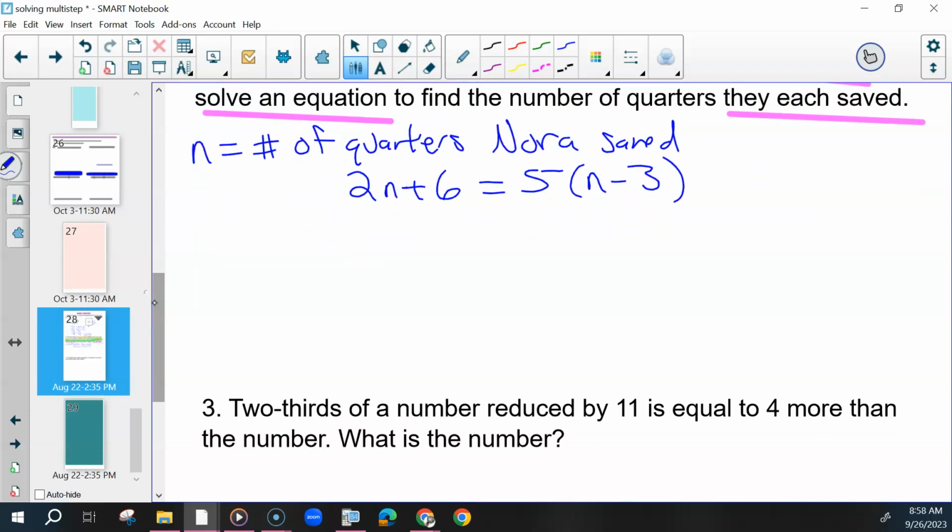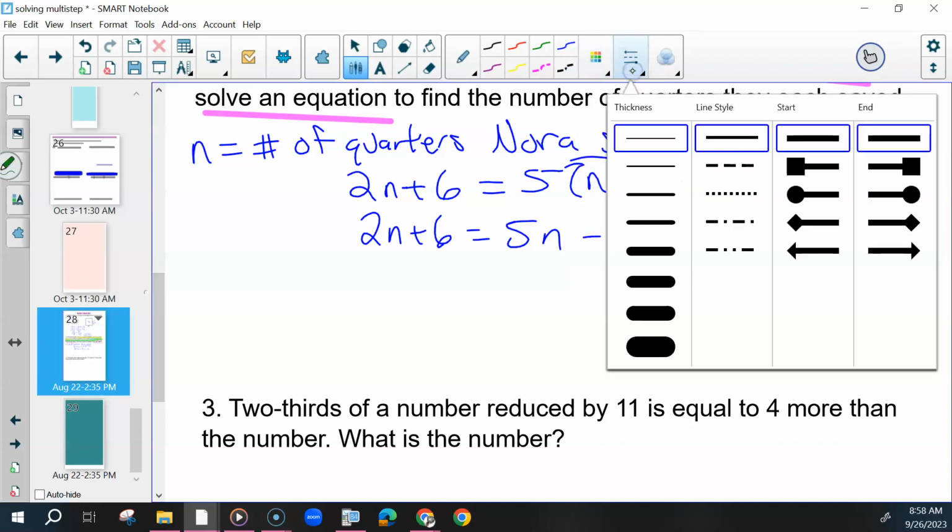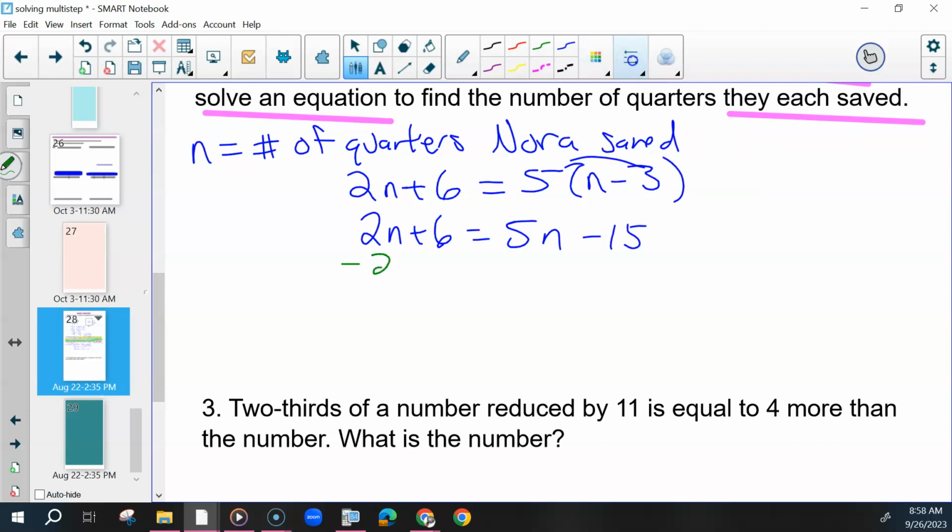So we can distribute. And then we can choose what we want to move first. Go with whatever you were going to go with. The math should be the same. So we move 2n to the right.